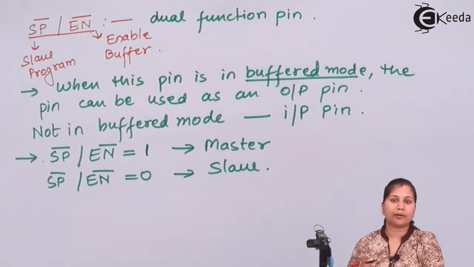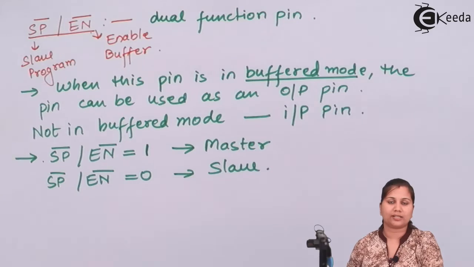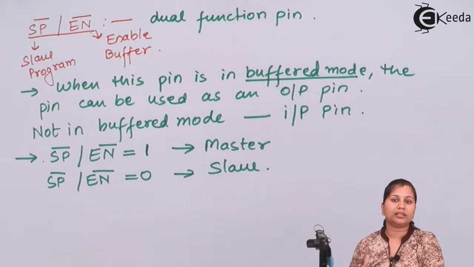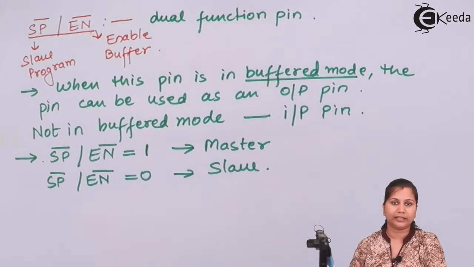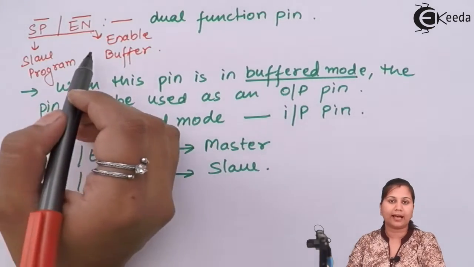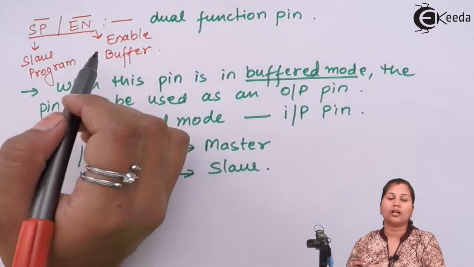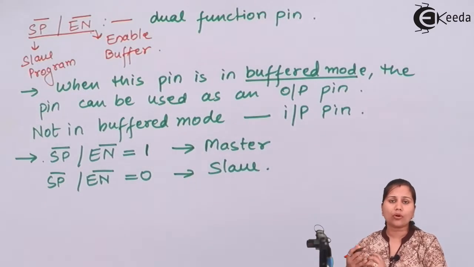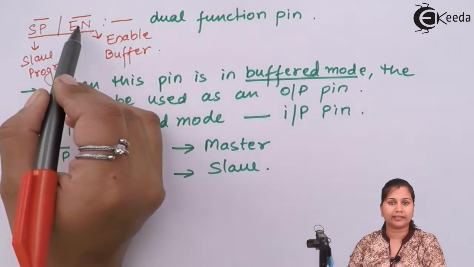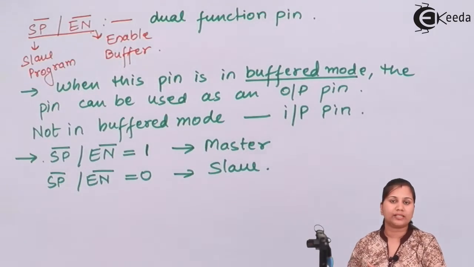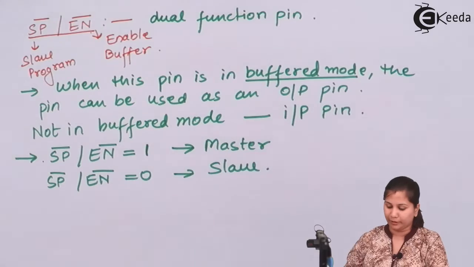When these buffers are enabled, only then will data transfer take place. If they are disabled, then no transfer of data will take place. So whenever the 8259 wants to transfer data, it enables the data bus buffers using this enable buffer line. Here it is active low, so when its value is 0 the buffers will be enabled, and if its value is 1 the buffers will be disabled.